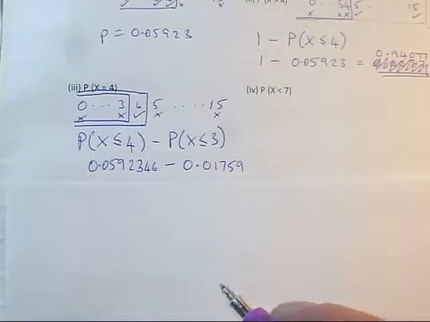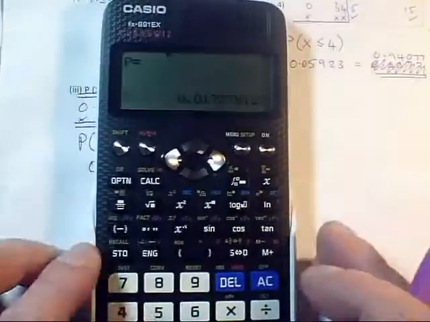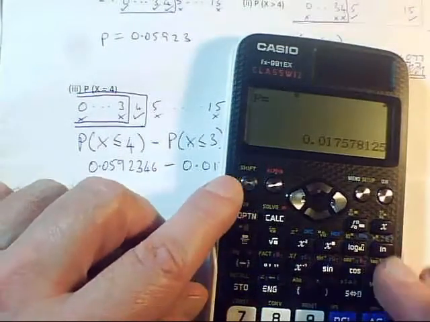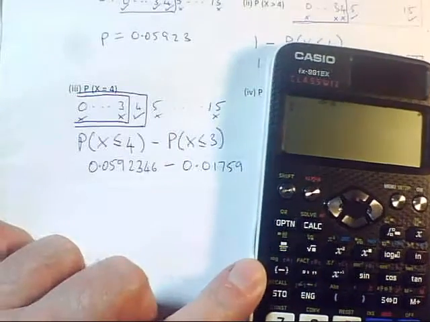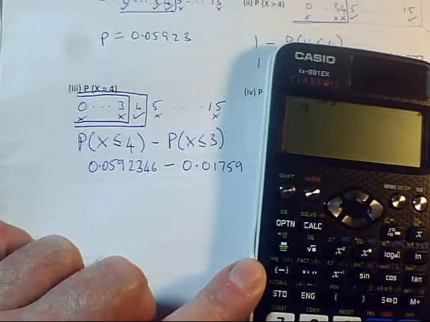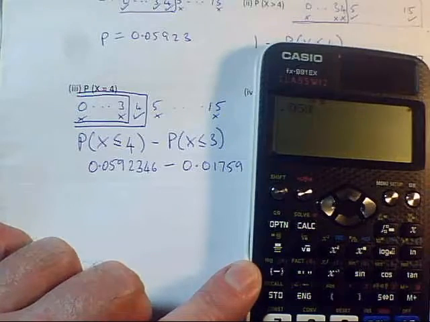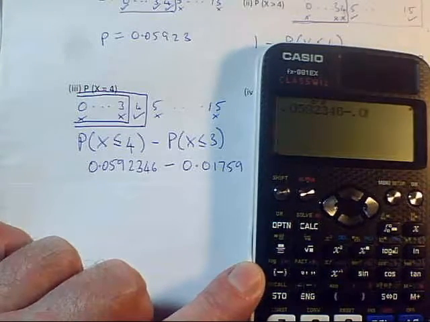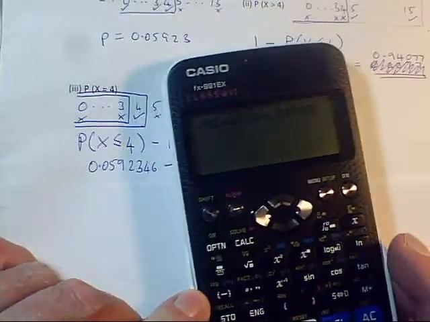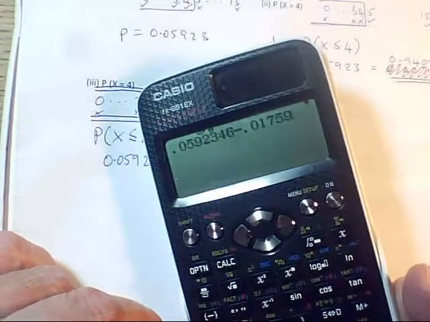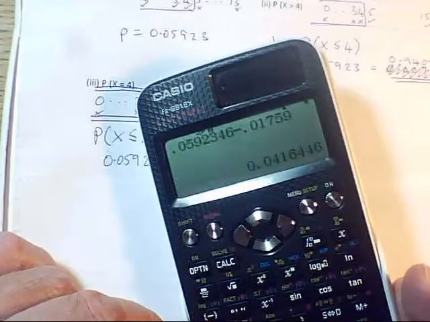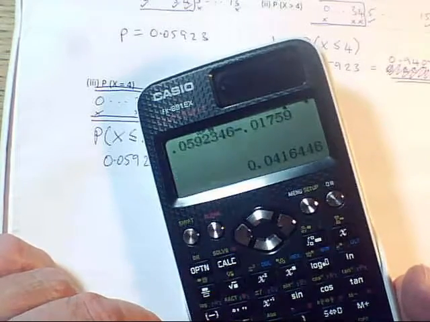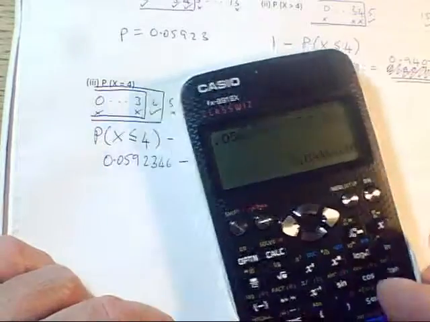So I have to do that subtraction, which I can do by going into menu 1, and I can do 0.0592346 minus 0.01759. So there's the calculation I said I'd do. And here comes the answer, 0.04164.